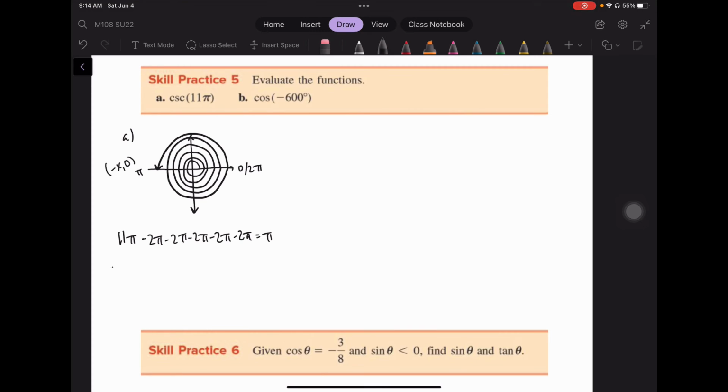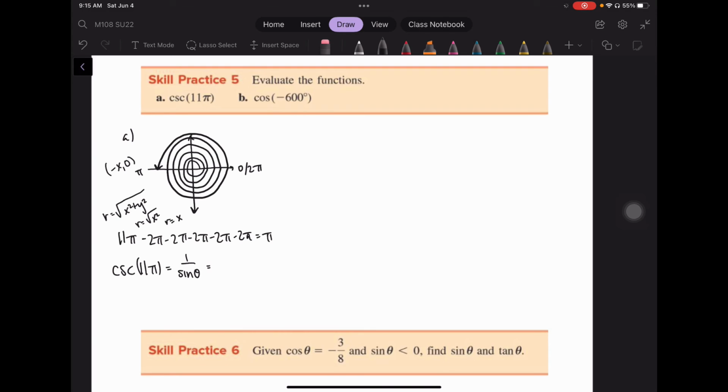So when we're trying to find cosecant, remember in this case, r is equal to the square root of x squared plus y squared, or r is equal to the square root of x squared, meaning r is just equal to x. The cosecant of 11 pi, remember that cosecant is 1 over sine.